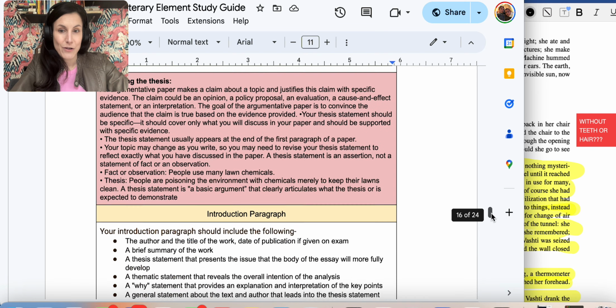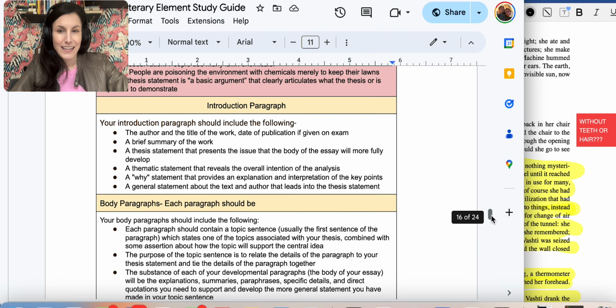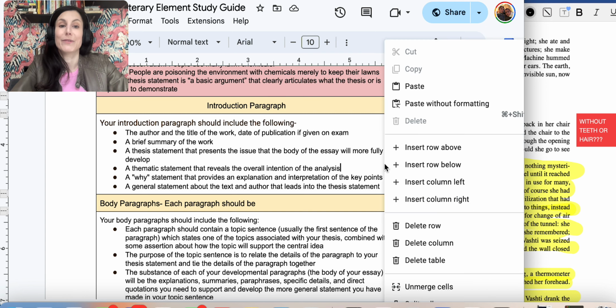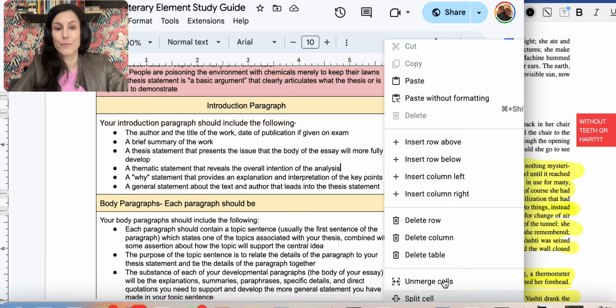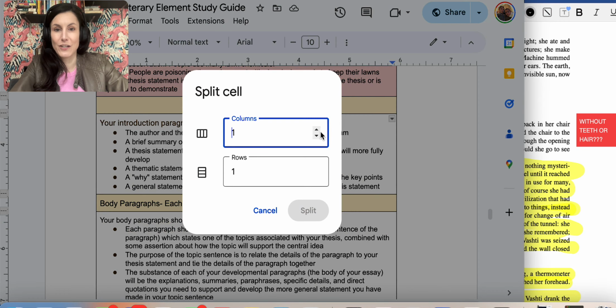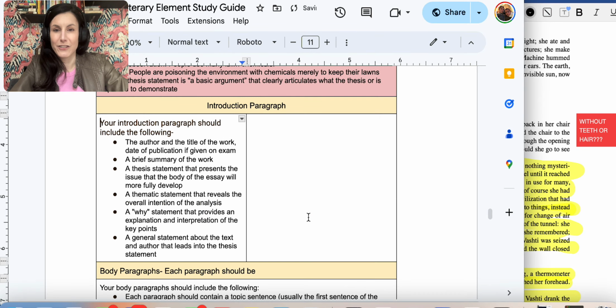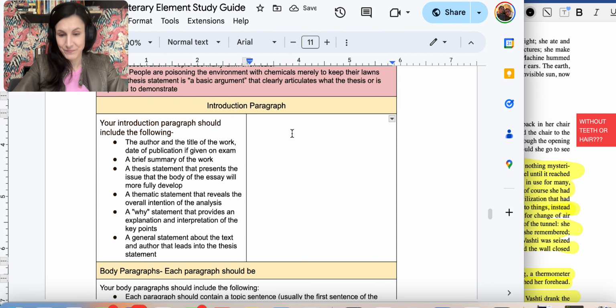All right, so your introduction, and it will be brief. I'm going to make this a double side here. Okay, so any introduction, I will begin with author, title, date of publication.